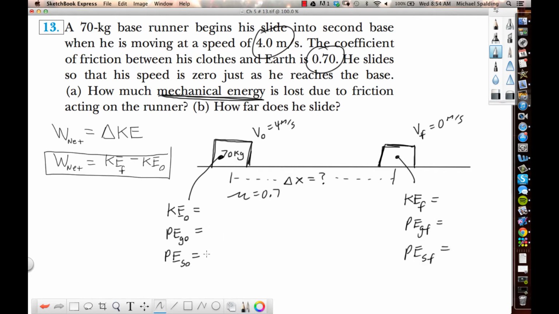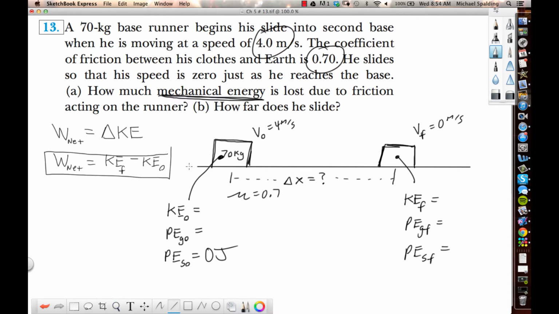Does the guy start with any spring energy? Is there a spring in this problem? No, that'd be kind of weird if a base runner had some sort of spring. Nope, zero joules. All right, potential of gravity. Look, this whole problem is taking place on the same horizontal position, right? Is there any hill here?